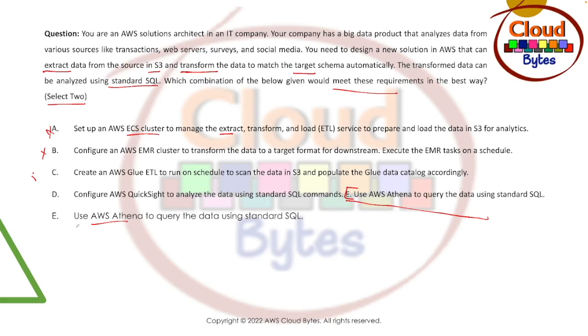Look at option E, which is use AWS Athena to query the data using standard SQL. Looks correct because AWS Athena can directly query the data in the AWS Glue data catalog for SQL commands without any additional step required. Option D wasn't good. Option C and option E look like feasible options in this particular scenario.